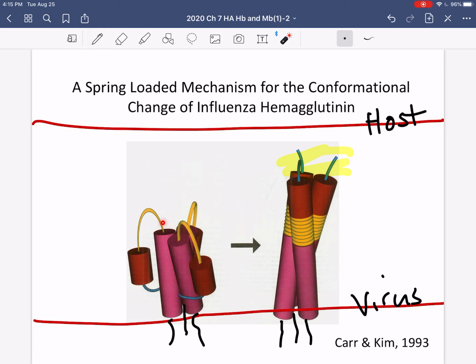And sure enough, this had a higher score than the known coiled coil, which led to the model for this conformational change, which I was able to prove spectroscopically with circular dichroism spectroscopy and analytical ultracentrifugation to show this region forms a trimer and a coiled coil. And that's what was published in Cell in 1993, if you're interested in seeing that.